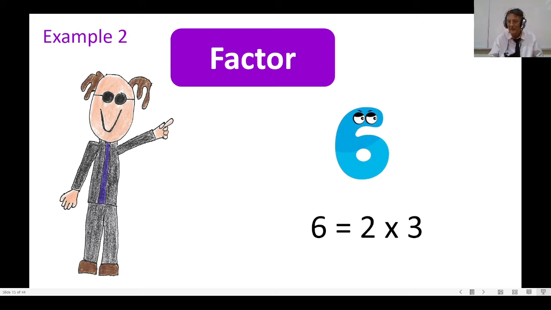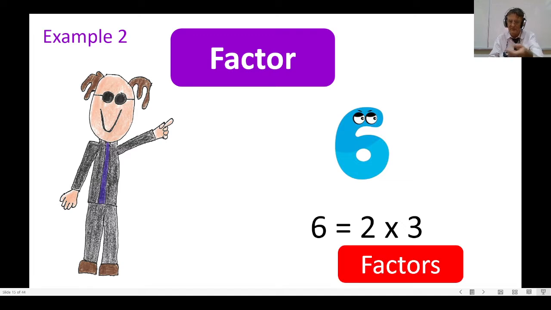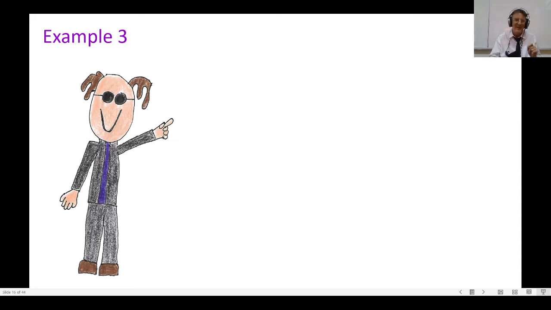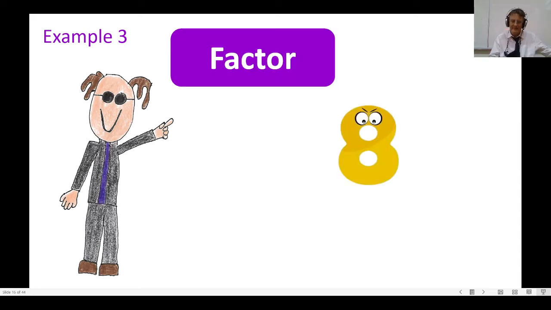So what are the factors of 6? 2 and 3 are the factors of 6. They will both divide into 6 evenly. Now remember the word evenly.